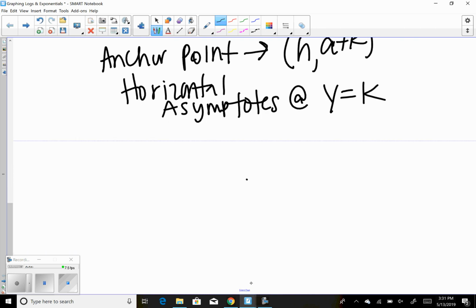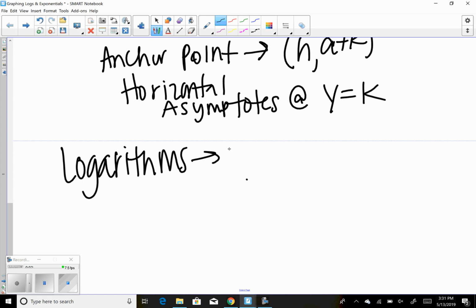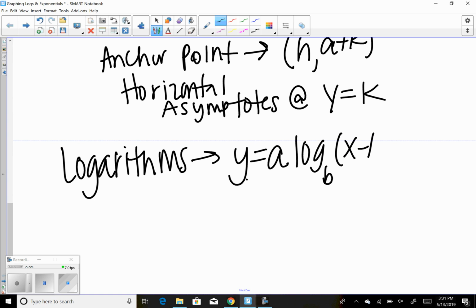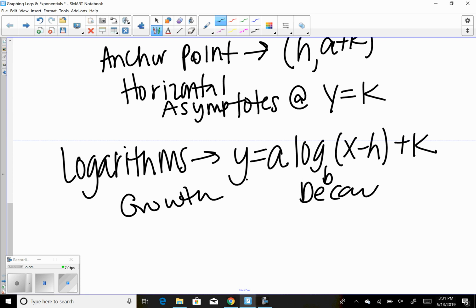So then the other was logarithms. The standard form for logarithms is y equals a times log base b of x minus h plus k. And again, we said we had log growth and decay. Same kind of deal.